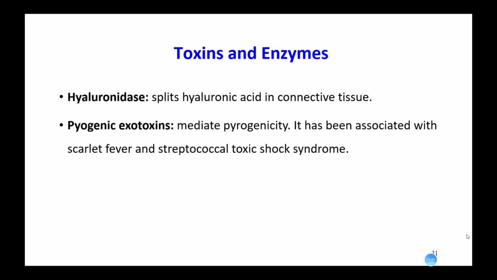The bacteria are also able to produce a lot of pyogenic exotoxins, and they mediate pyrogenicity, such as the disease we'll talk about later, the scarlet fever and also the toxic shock syndrome are due to the production of exotoxins.